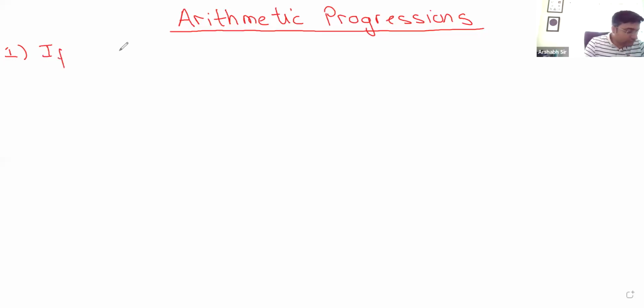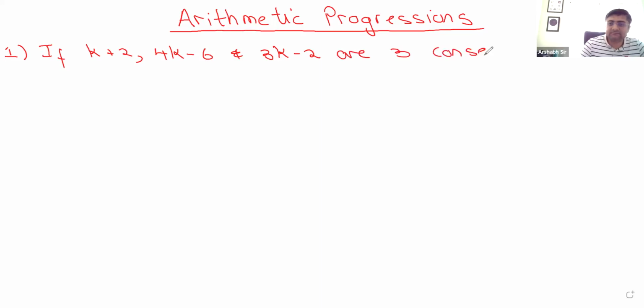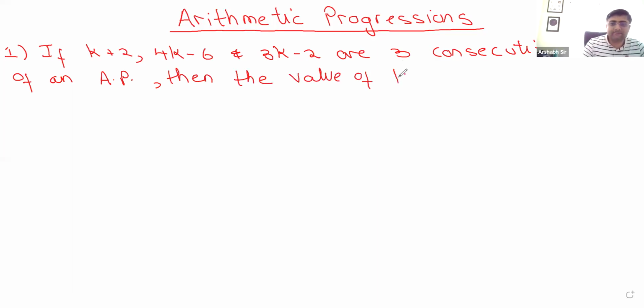हमें दिया हुआ है, if k plus 2, comma 4k minus 6 and 3k minus 2 are three consecutive terms of an AP, then the value of k is option A 3, option B -3, option C 4, या फिर option D -4.